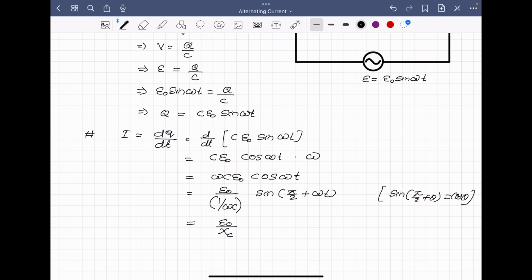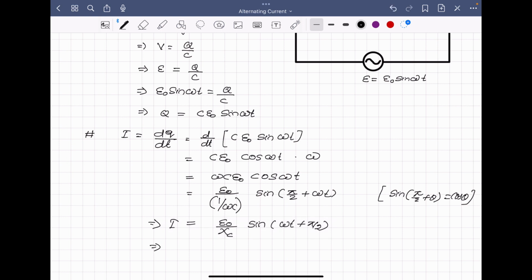In inductor we have XL, inductive reactance. Here we have to take Xc, the capacitive reactance. Then we can rearrange this sin of pi by 2 plus omega t as sin omega t plus pi by 2. This is our current I. Then just see, here we got current.